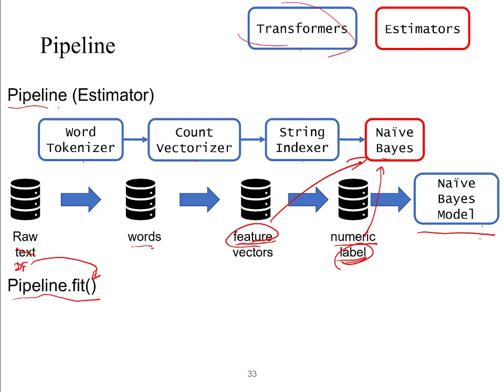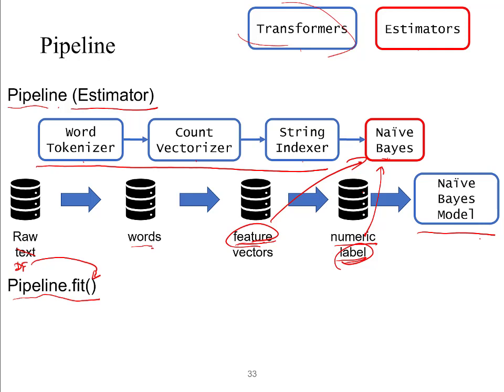For an estimator, it essentially does a similar thing, except it does not have these transformers before itself. That means you can call the fit method on an estimator itself.